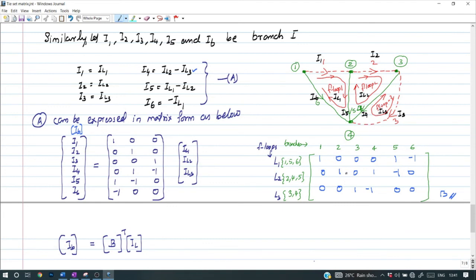So when we look at this B matrix and the matrix which we got from the branch current and loop current relation, we can easily write down that this matrix is the transpose of the B matrix. Now we can write down this relation: branch current matrix is B transpose, the tie-set matrix transpose, into loop current matrix.